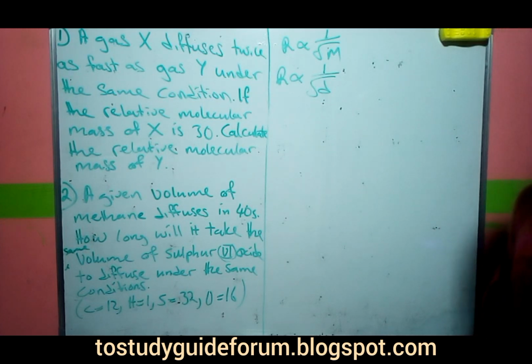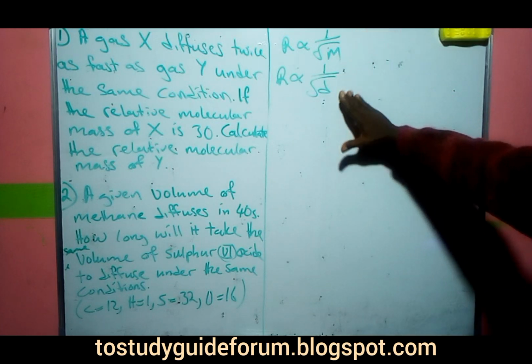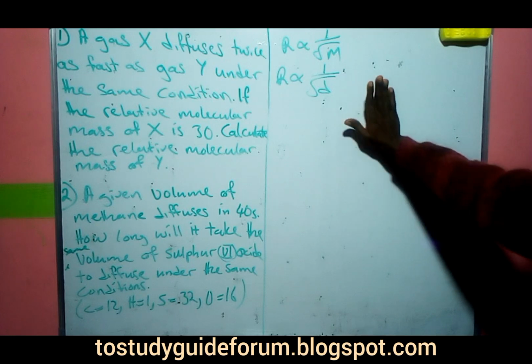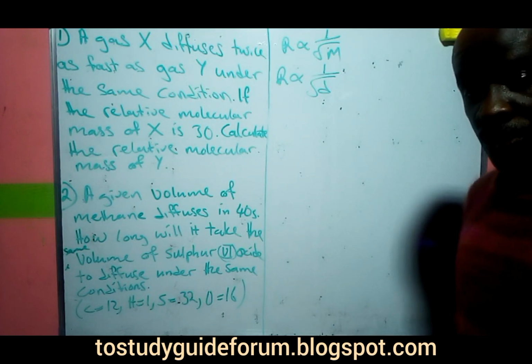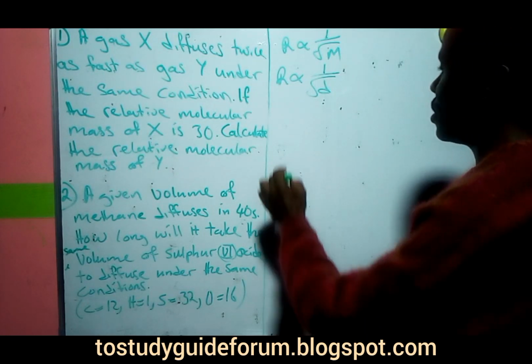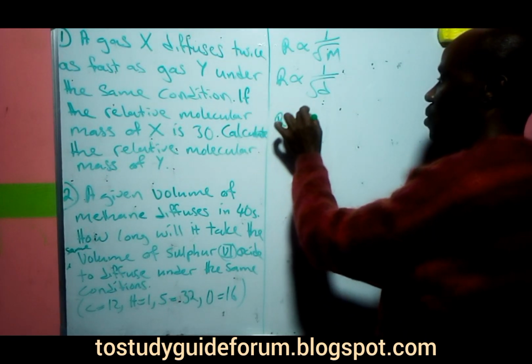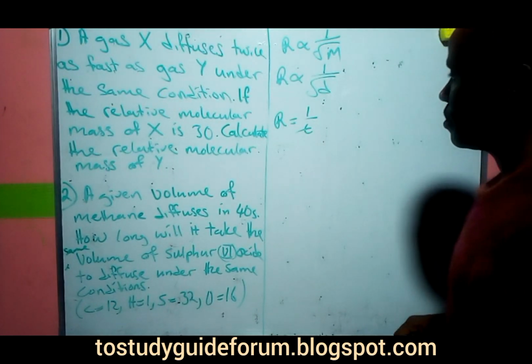Under constant temperature and pressure, the same temperature and pressure, rate of diffusion is expressed like this according to Graham's law. So we know that the rate is equal to 1 over time.